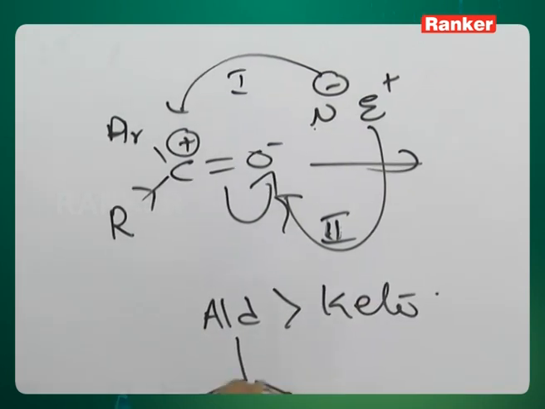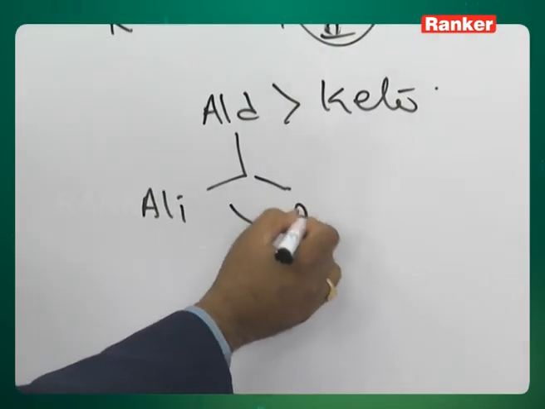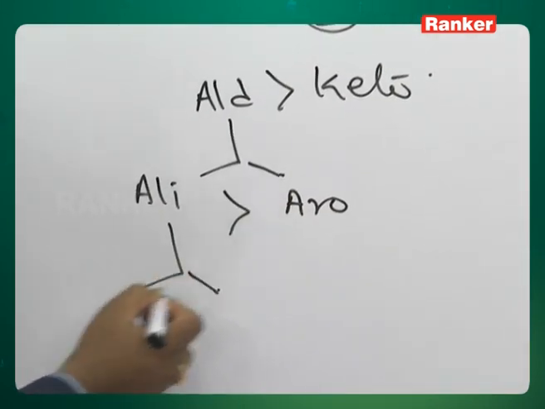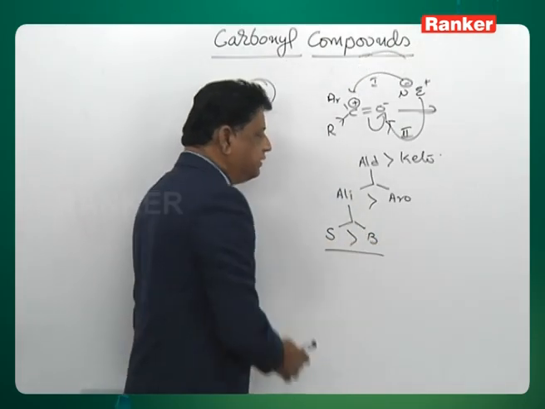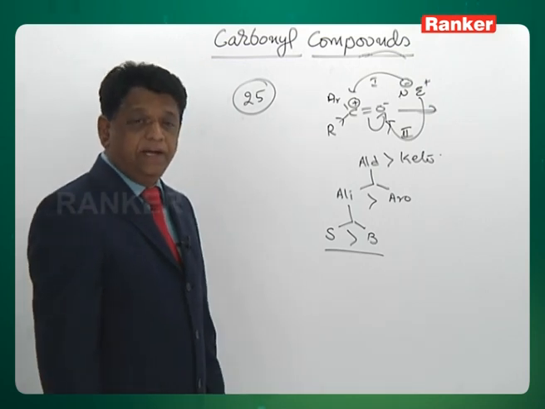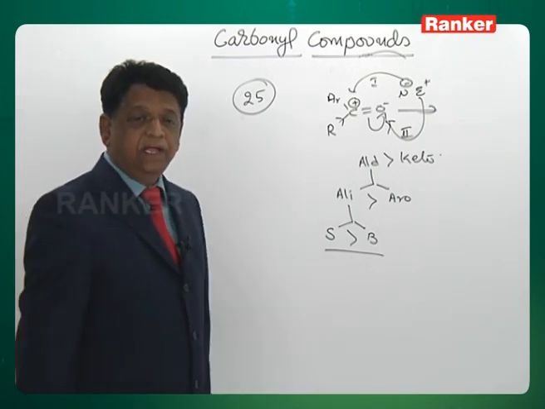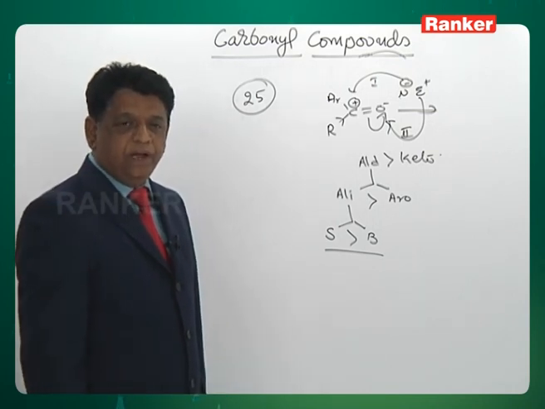Within the aldehydes, we have aromatic and aliphatic. Aliphatic are more reactive than the aromatic. Within the aliphatic, we have a smaller one and a bigger one. Both are aliphatic, so you go for this criteria. Based on that, formaldehyde is the smallest and aliphatic, so it goes first, and we have compounds with benzene also.